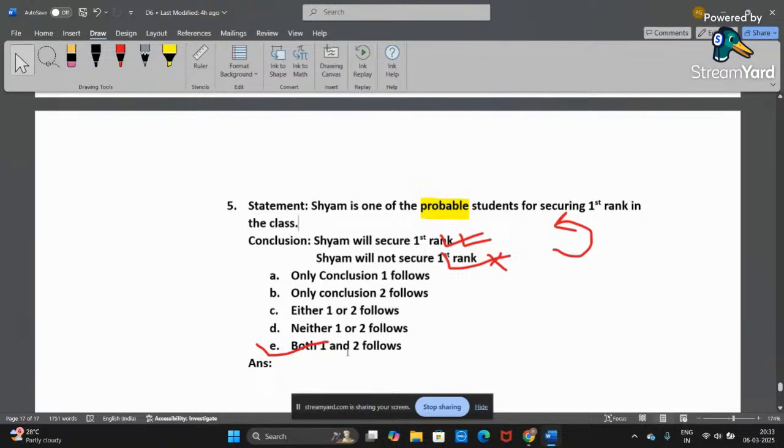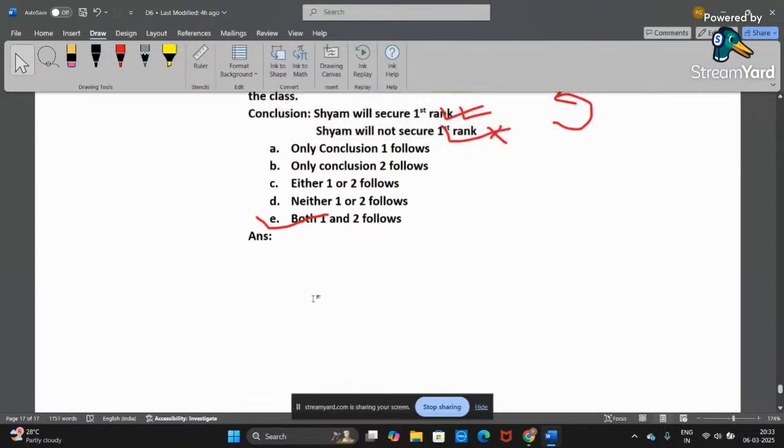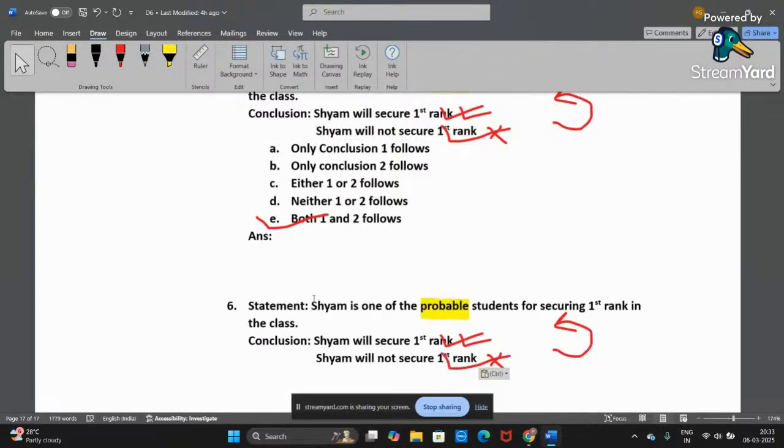So I'll give you one more example based on this.